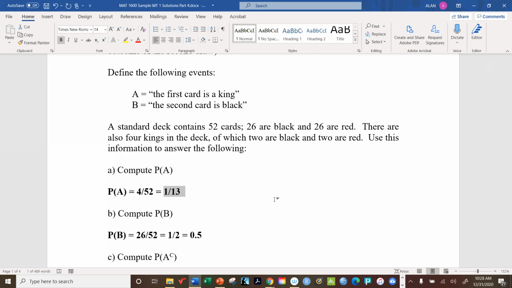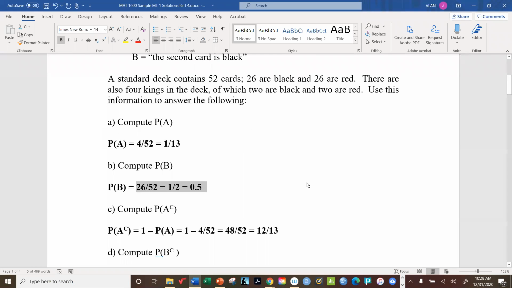All right, but that makes things a little bit simpler. So for B, the probability that the second card is black is 26 out of 52 because we know that there are 26 black cards in the deck and there are 52 cards in the entire deck. Okay, and so if you want to, you can simplify that to 1/2 or 0.5. All of these are fine.